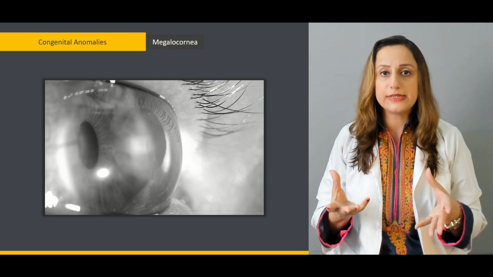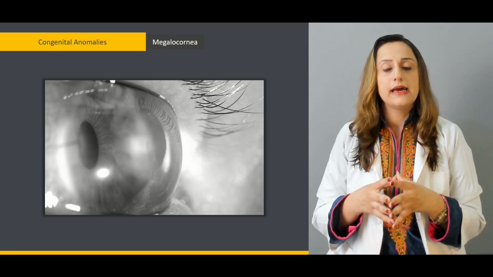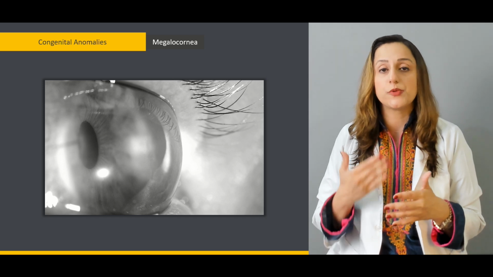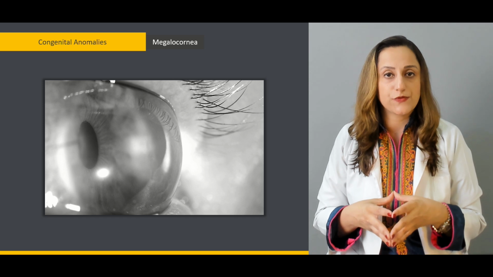The child would usually present with irritation, as well as sometimes inflammation residing in the cornea, and there would be slight proptosis, which is noted by the parents, of course.